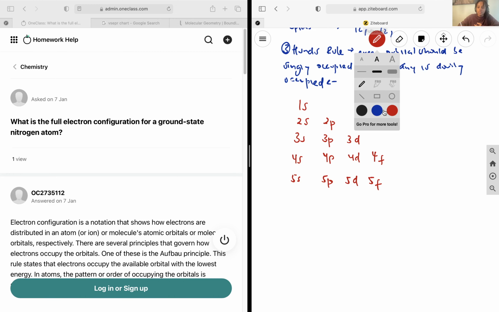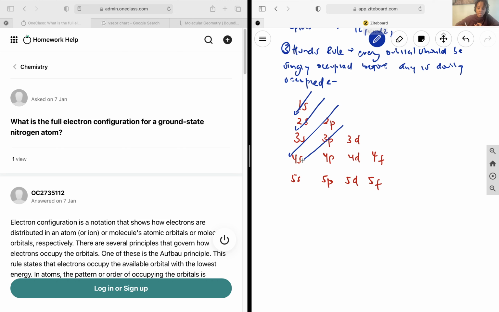Okay, and so how we're going to fill it is you always fill 1s first, and then 2s, and then 2p, followed by 3s, 3p and 4s, and then 3d, 4p, 5s, 4d, 5p, 4f, 5d, 5f. And so let's write that out.